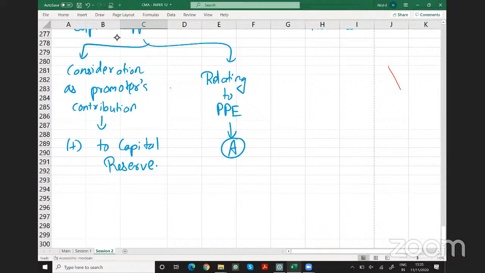Sir, I've received 25 lakhs. What should I do with this 25 lakhs?